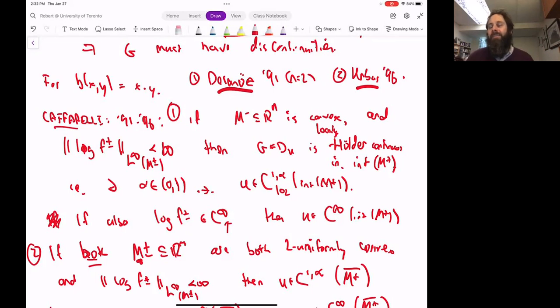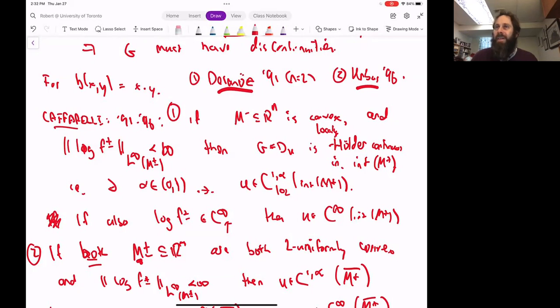And so openness comes basically by you have a solution where you know things are smooth, you linearize around it, and you use something like an implicit function theorem, a Banach-space implicit function theorem, to say that if things were good at that point, they're good in the neighborhood of that point as well. And closedness comes from what are called a priori estimates.